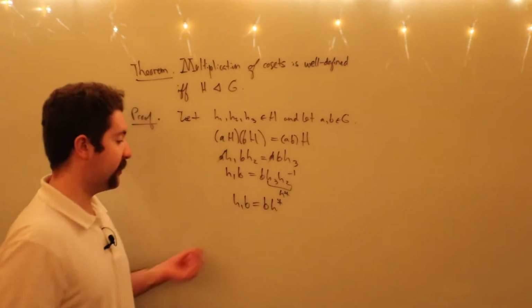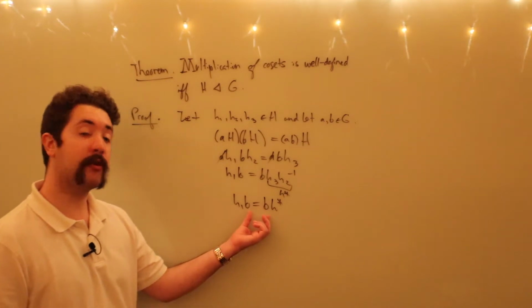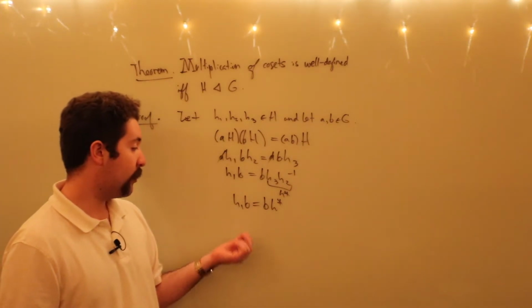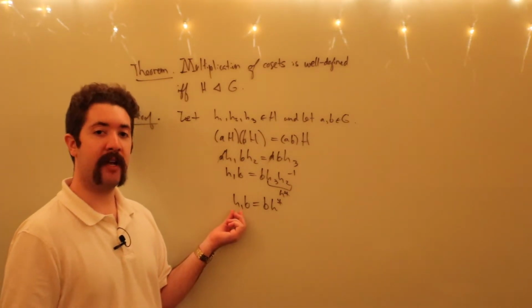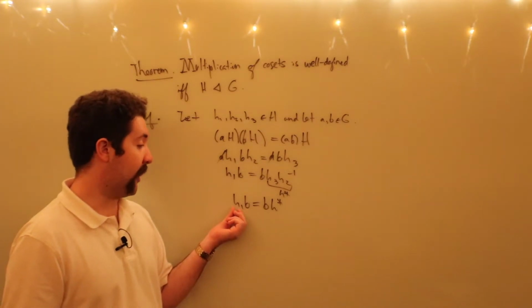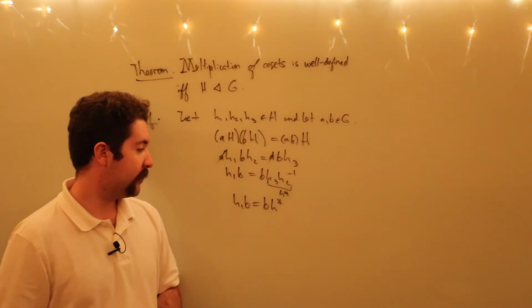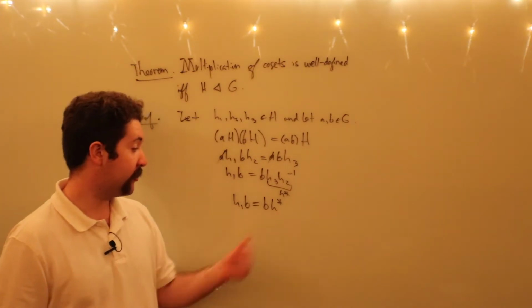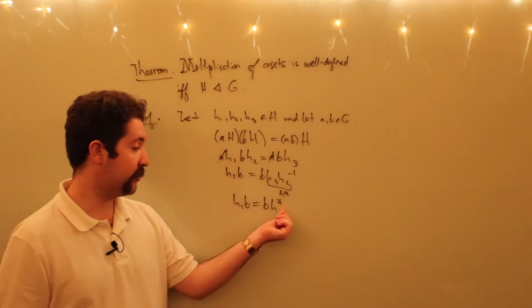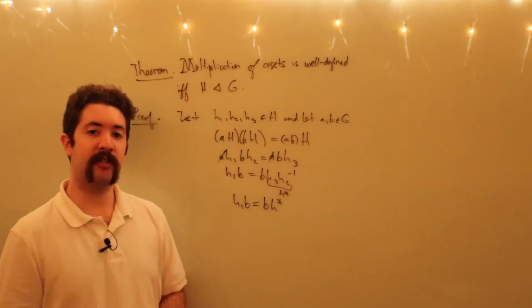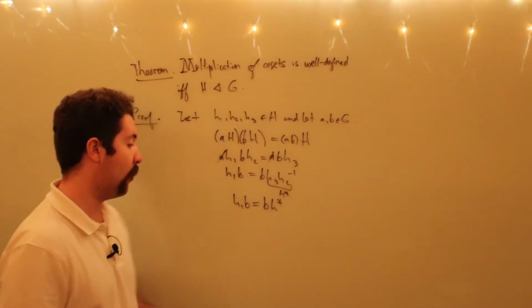And what we're saying is that given an element in the group G, calling it B, arbitrary, and an arbitrary element of H called H1, there must exist an element in the subgroup H, calling it H star, such that H1B is equal to BH star. Now this is the definition of a normal subgroup, it's just element-wise, right?